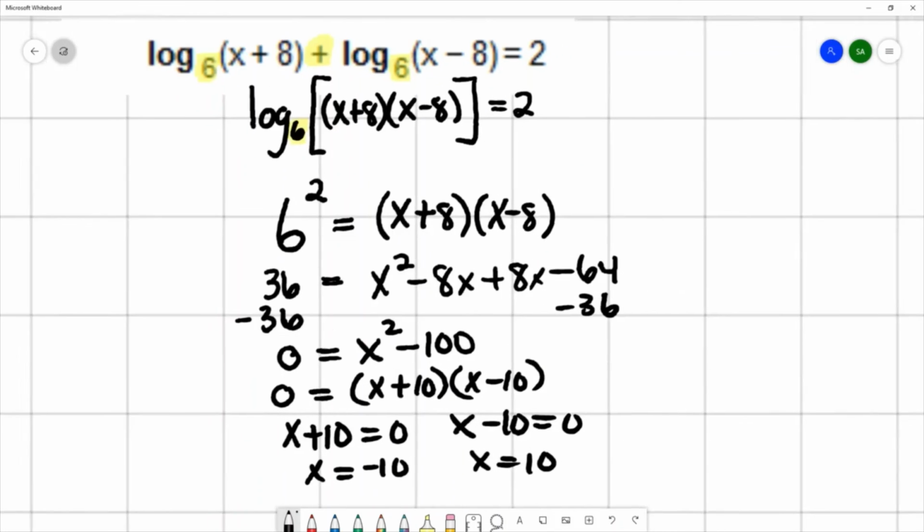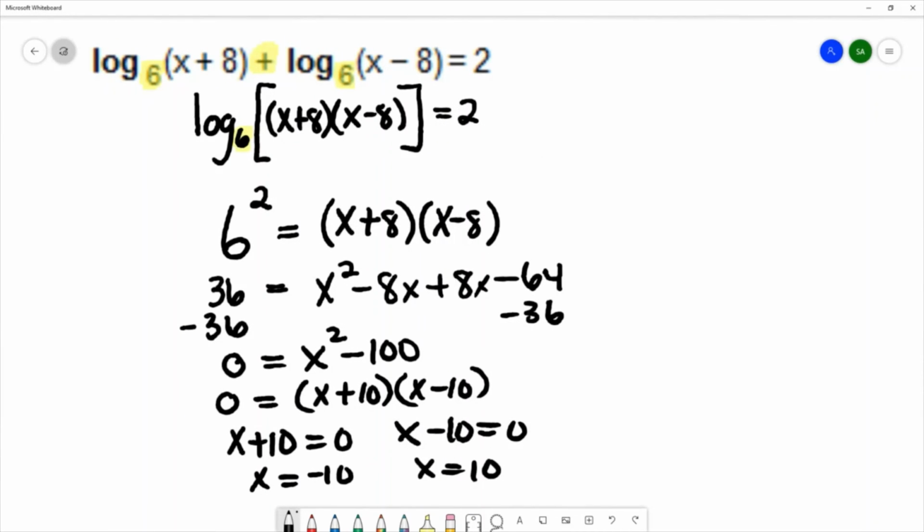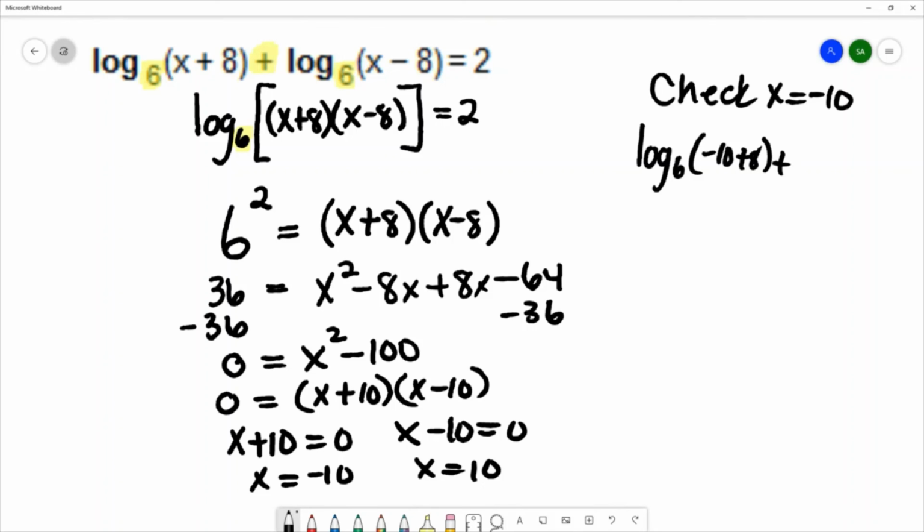We do need to check these solutions to make sure that we don't take the log of a negative. So let's check the first one. Let's check x equals negative 10 in the original equation. That would be log base 6 of negative 10 plus 8 plus log base 6 of negative 10 minus 8 equals 2.